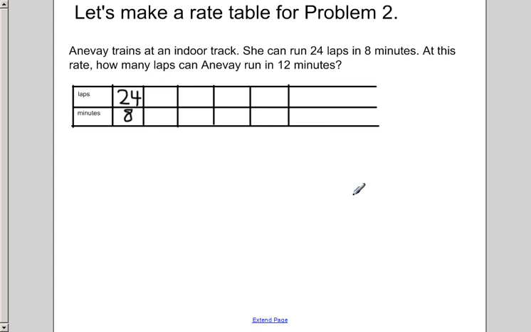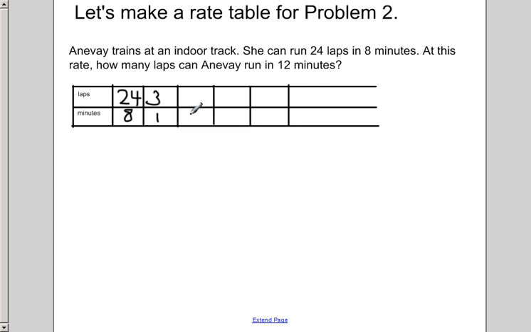So let's think about, first of all, back to our first example, the per unit rate. 24 laps in 8 minutes. How many laps per minute? 24 divided by 8 would give us 3 laps in 1 minute. That would be the per unit.